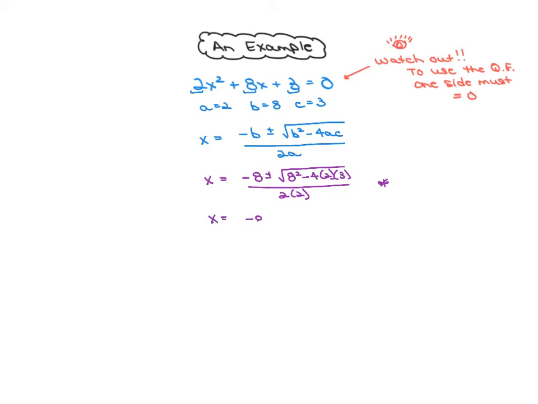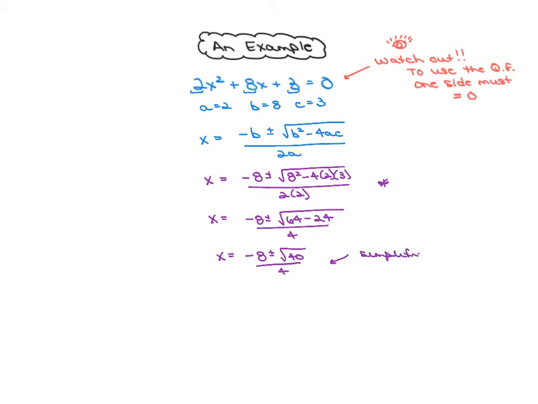Negative 8, and then 8 squared is 64. 4 times 2 times 3 is 24, all over 4. And let's finally do that subtraction in the radical, all over 4. Okay, so at this point, we have our arithmetic done, and it's just a matter of simplifying.